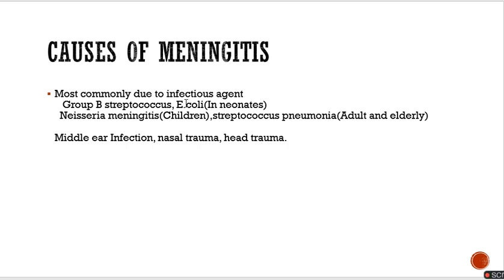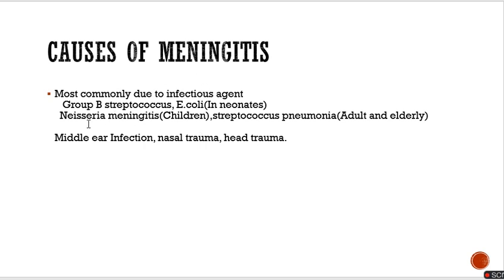That is the most common infectious cause of meningitis in neonates, meaning within 28 days after delivery. Then there is Neisseria meningitidis, which happens in children, and then Streptococcus pneumoniae in adults and the elderly. This is all about the infectious causes.